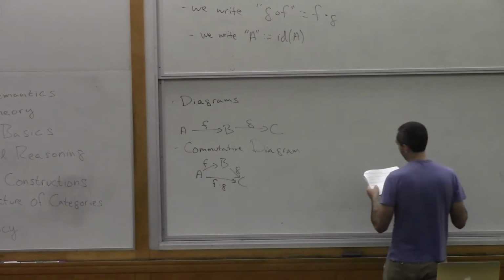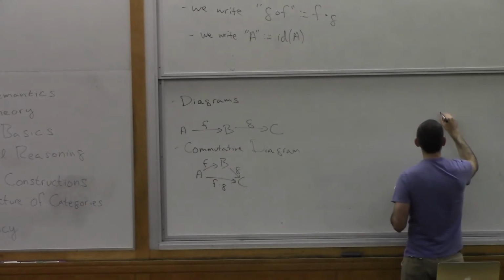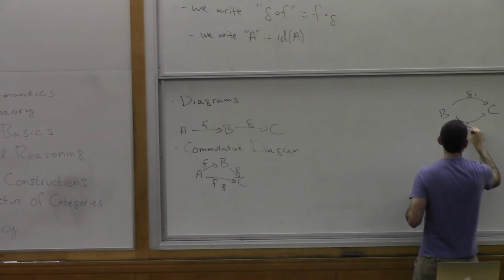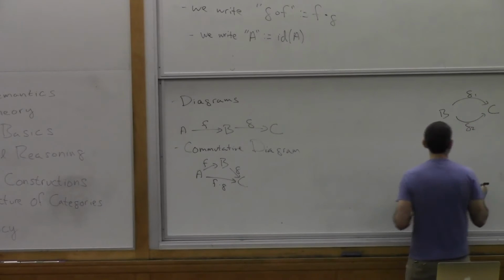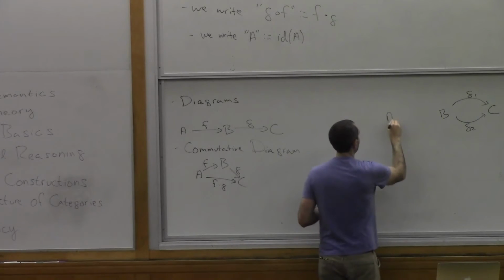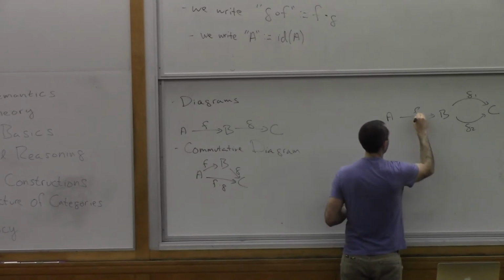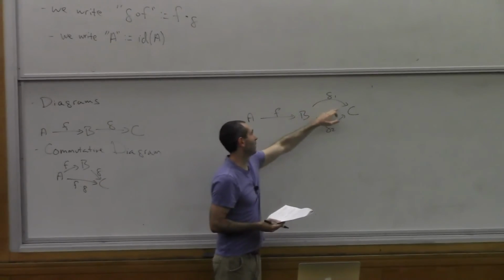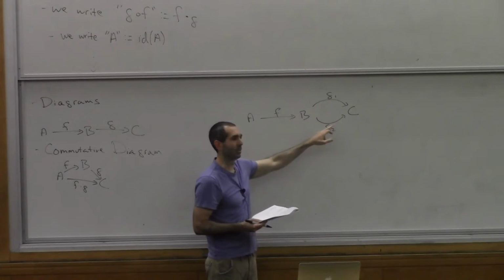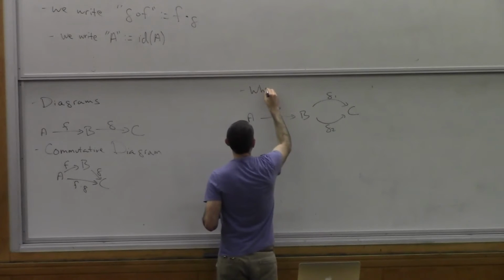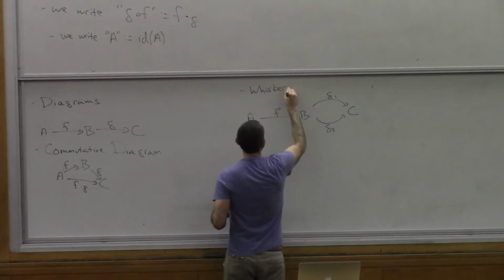So one thing we can do is, say we have 2 arrows that are equal, G1 and G2. Now, if we take an arrow and precompose it here, then this diagram is telling us that F followed by G1 is equal to F followed by G2. So this phenomenon is called whiskering.